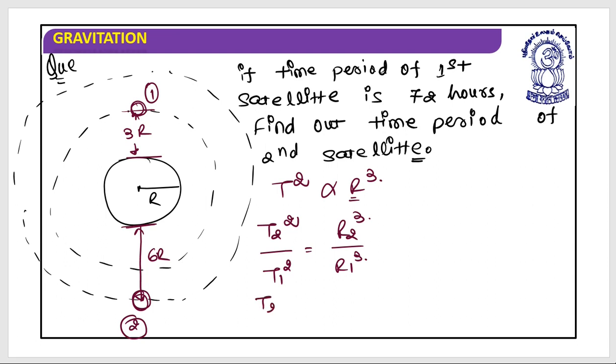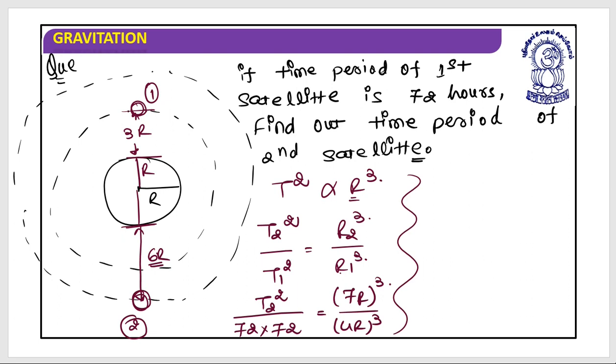T1 is 72 hours, so this is 72 multiplied by 72. r2 is 6r plus r, which is 7r cube, divided by r1 cube, where r1 is 3r plus r, which is 4r cube.